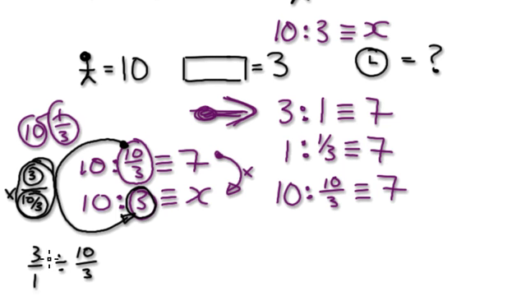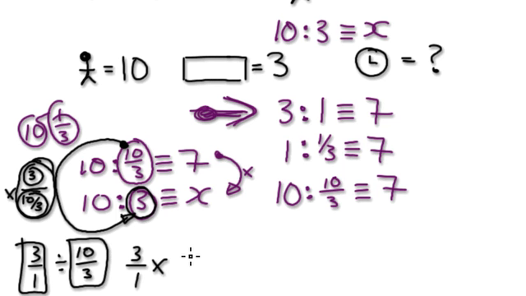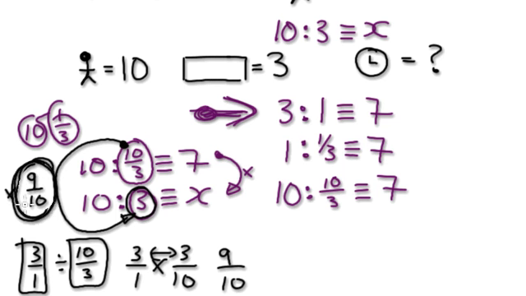When dividing, you keep this the same and times the reciprocal of this part, so it would be 3 over 10. Top times top is 9, bottom times bottom is 10. So our multiplier is 9 over 10. Whatever that number is, I don't really care. I just know that over here I need to times it by 9 over 10.